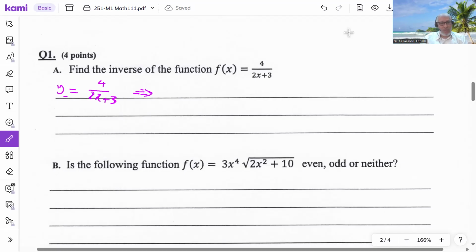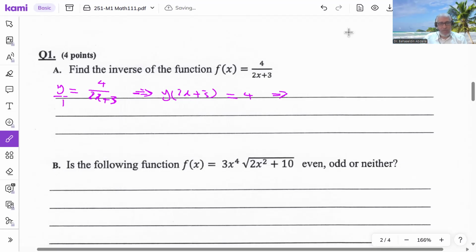So y is y over 1, and I multiply y times 2x plus 3, and 4 times 1. So 4 times 1 is 4. And then expand.